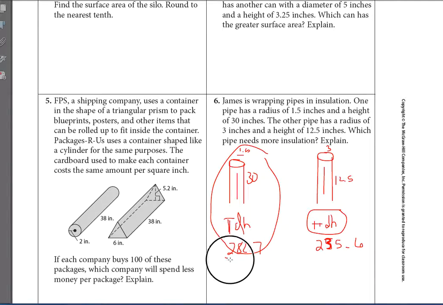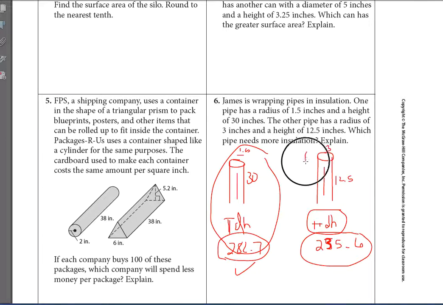And the lateral area is 282.7 on the 1.5 radius pipe, and on the 3 radius pipe, it's 235.6. And so this pipe is going to end up needing more insulation because you wrap insulation around the outside of each pipe there.